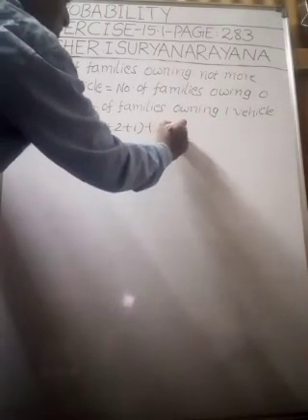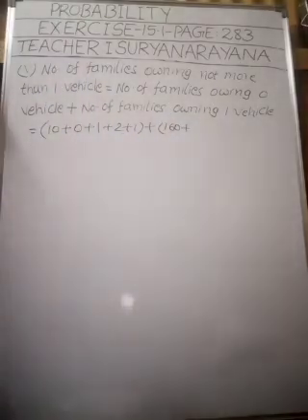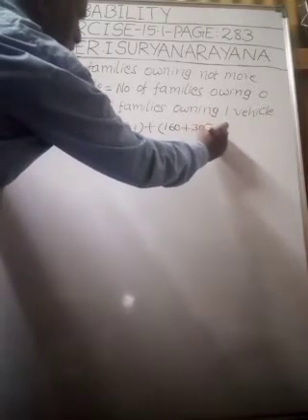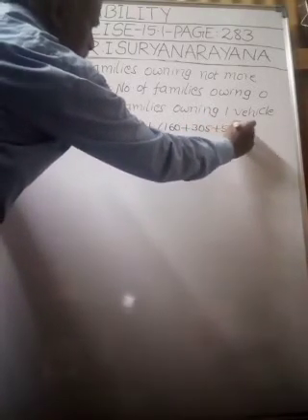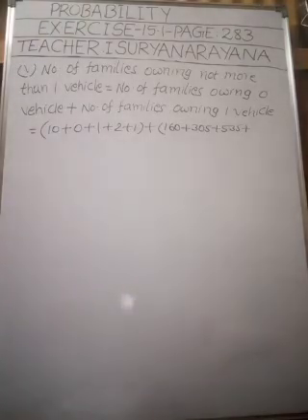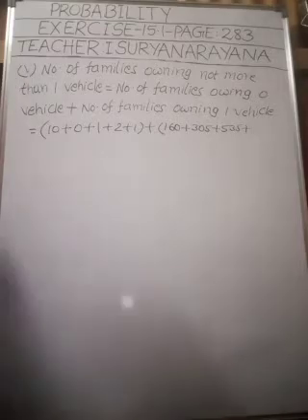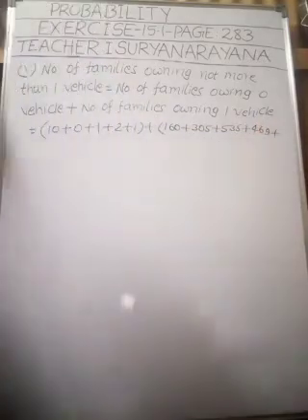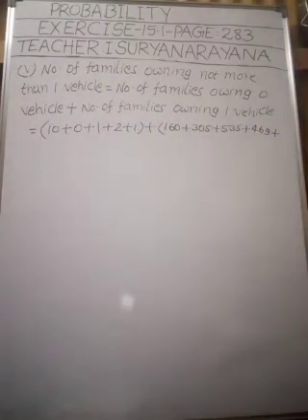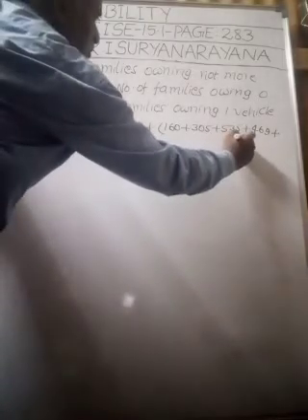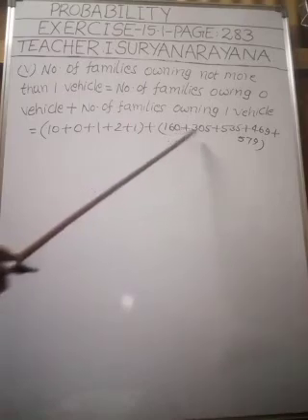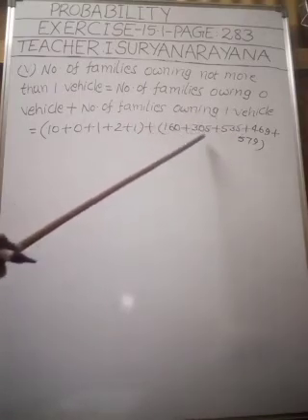Observe the table, my children. 160, 305 plus 535, 400, 469, 469 plus 579. All these families, this number of families owning exactly one vehicle.